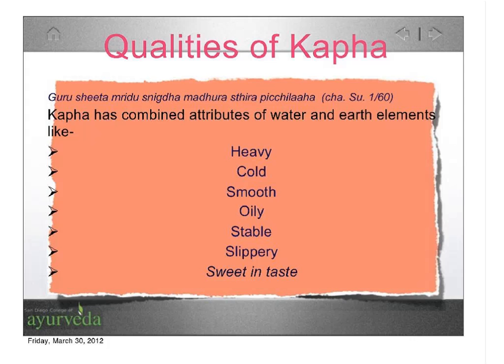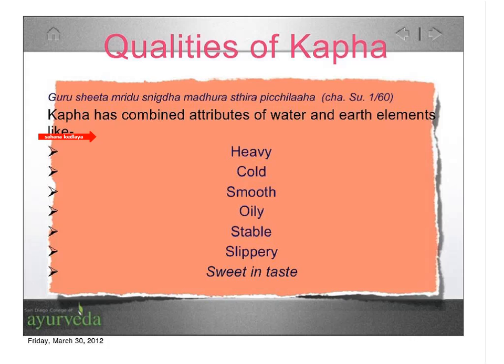Then we will move on to the qualities of Kapha. This we have already studied, we'll just go through it quickly. This sutra is taken from Charaka Samhita Sutra Sthana, first chapter, 60th sutra. It says: Guru Shita Mradu Snigdha Madhura Sthira Pichilaha.